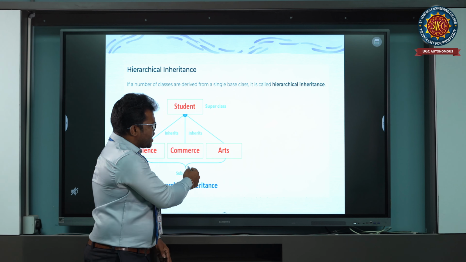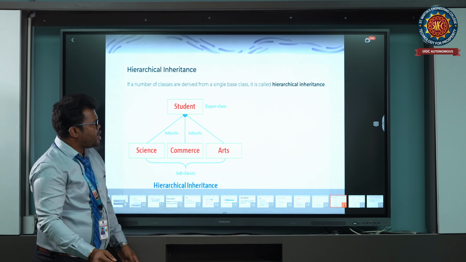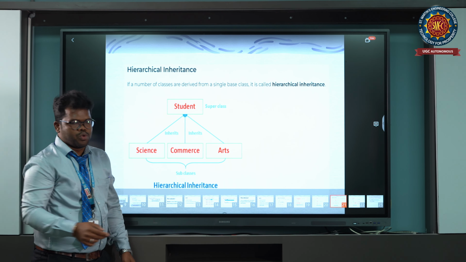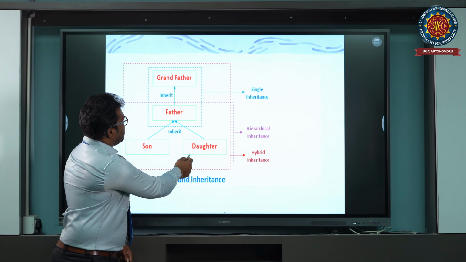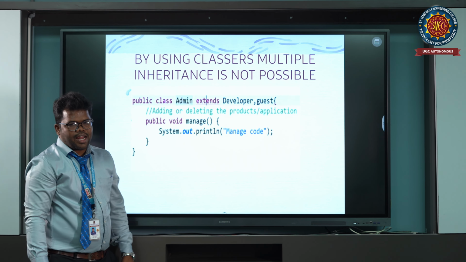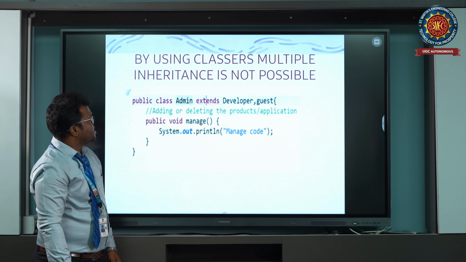We have multiple operating systems we can use. These are single, multiple, multi-level, hierarchical, and hybrid inheritance.